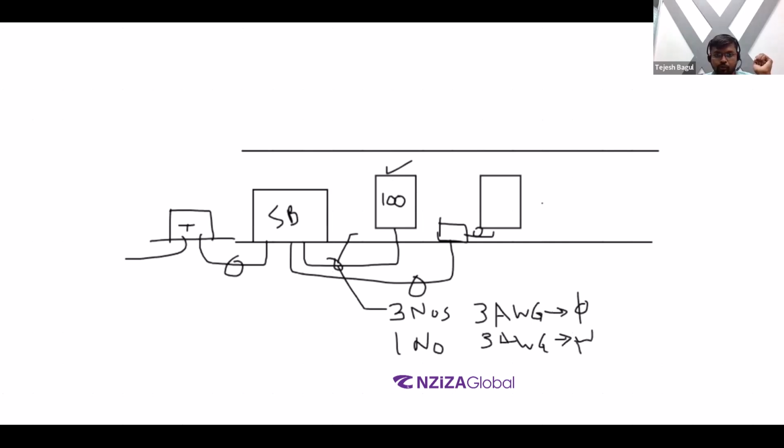So in total we require 4 numbers of 3 American wire gauge to be contained in this particular conduit. Those wires will need to be drawn through the conduit, so we would require a conduit whose bore is big enough to handle the thickness of these 4 number of 3 American wire gauge.